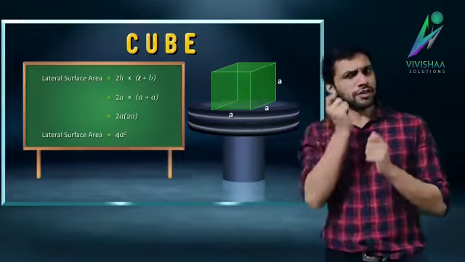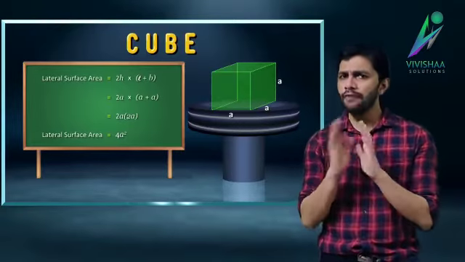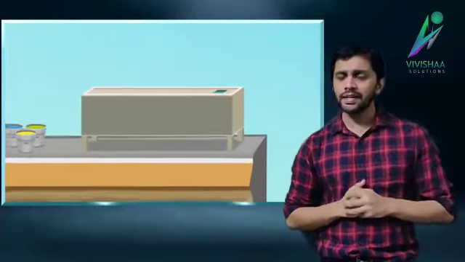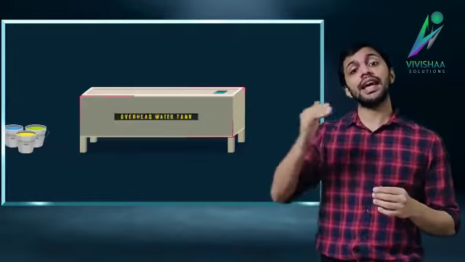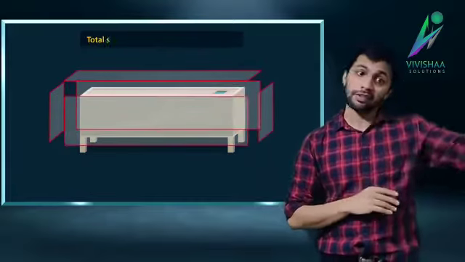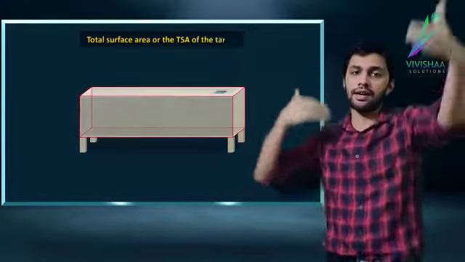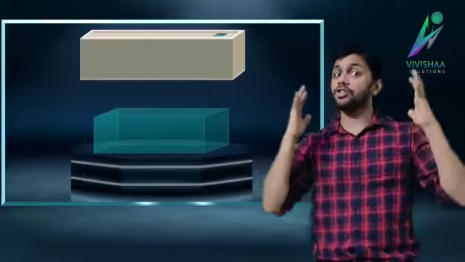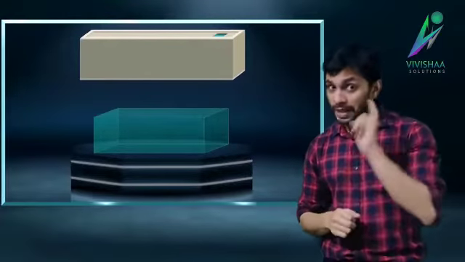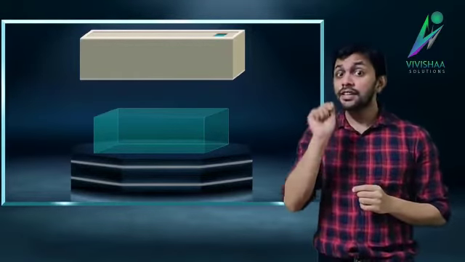Now consider a different situation where you have to paint an overhead water tank. In this case, you need to find the total surface area or the TSA of the tank. In case of wallpaper, it was just the lateral surface area. But when it comes to painting the entire tank, it is the total surface area. Please note that the tank is cuboid in shape.